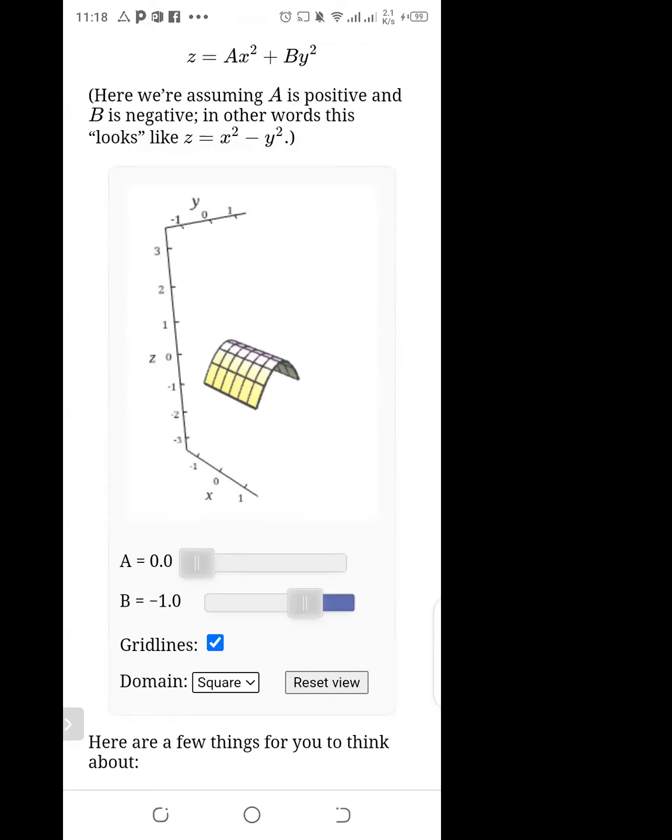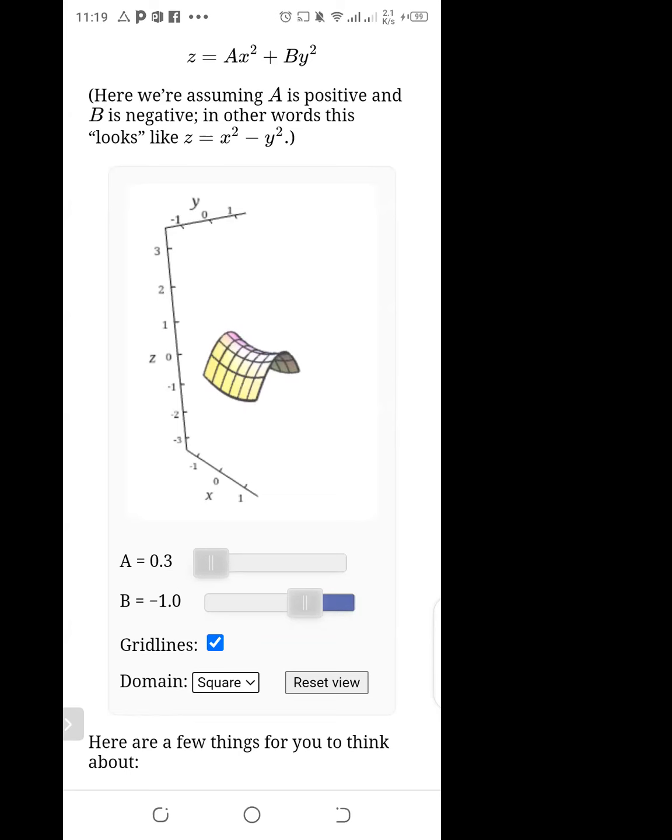The cylinder's equation is x squared plus y squared is equal to 1. In 2D it's a circle, but in 3D it becomes a cylinder. Same thing is happening here. In 2D it's a parabola, in 3D it's just extended. But if a is not equal to 0, let's be increasing a.